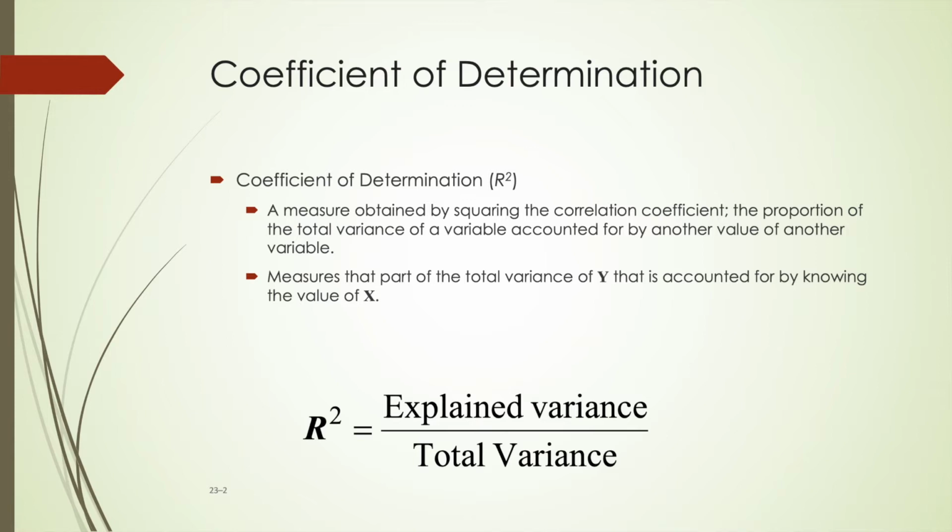So you see some value in that. One of the things that this will do is help us understand what percentage of our score is based on the variance in Y that is accounted for by knowing the value of X.